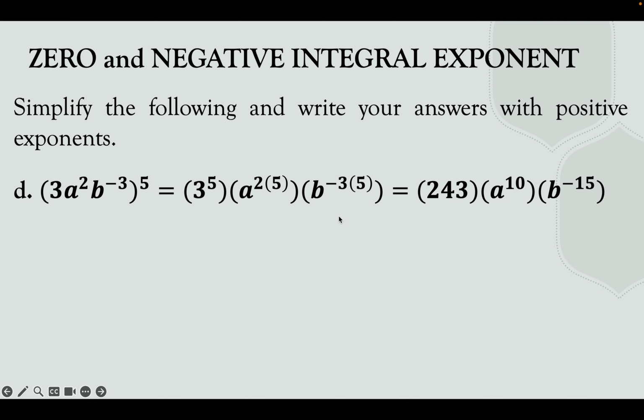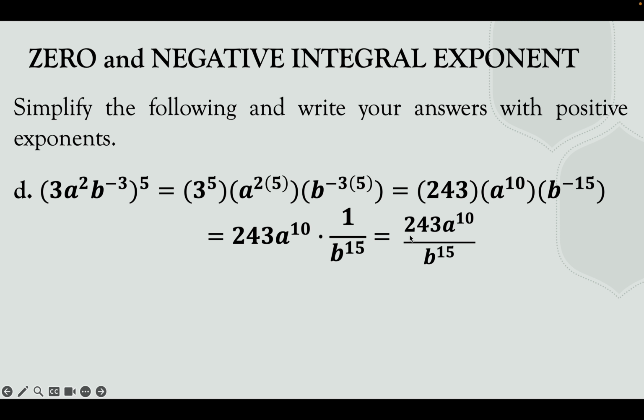And b raised to negative 3 times 5, we have b raised to negative 15. Since b raised to negative 15 is a negative exponent, you just need to simplify this one. So we have 243a raised to 10 times 1 over b raised to 15. So 243a raised to 10 times 1, we have 243a raised to 10 over b raised to 15.